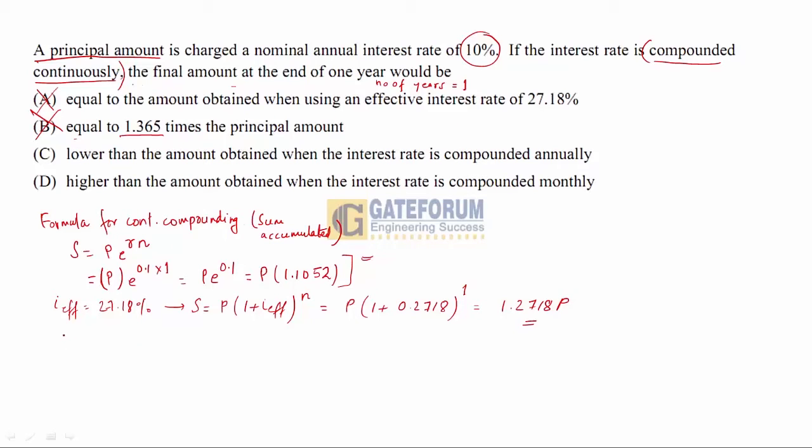So guys, when the compounding is done annually, whatever is the sum accumulated at the end of 1 year, provided the compounding is done only once at the end of the year, let that sum be S1. Now let's say I'm doing the compounding 2 times in a year, or semi-annually.